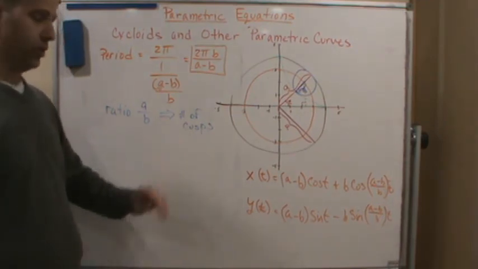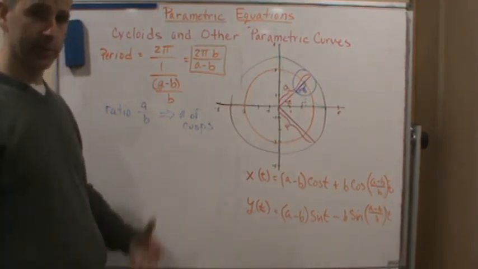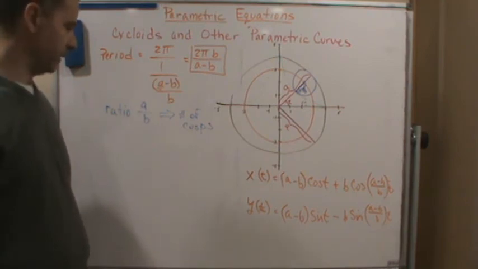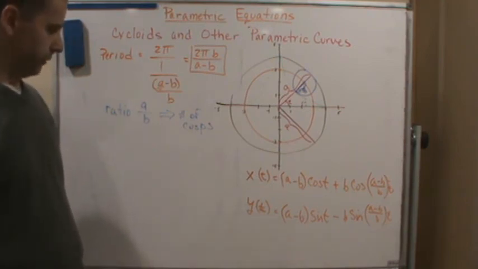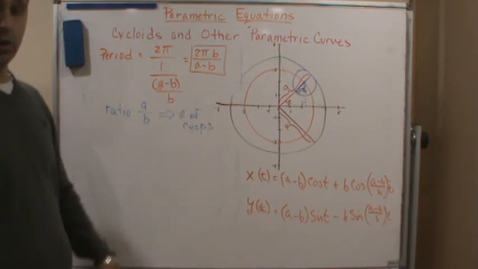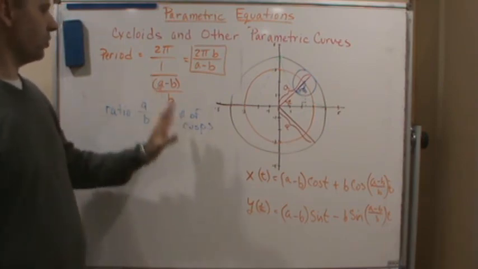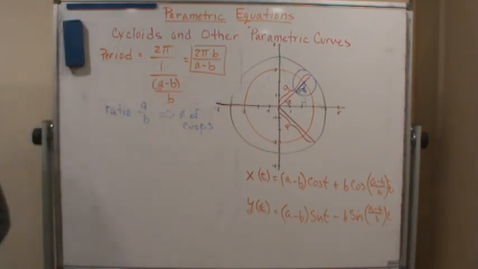If it's irrational, then you have an infinite number of cusps, and that's where you get the space-filling curve. And again, just make sure you practice these. Do some examples.